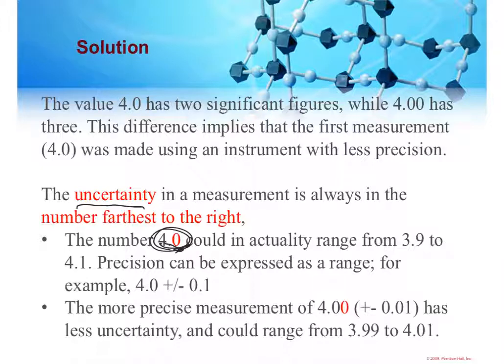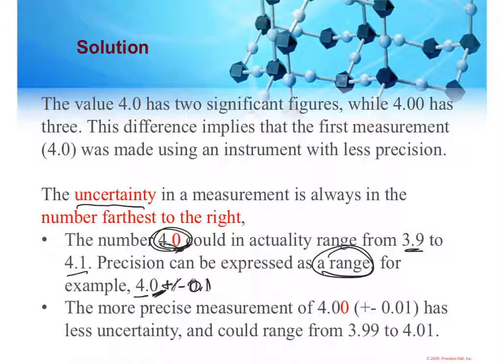So in actuality, the value could be 3.9, it could be 4.1, etc. So often precision is expressed as a range. I'm sure you've seen these, for example, 4 plus or minus 0.1. But again, that precision is in the digit to the far right of the number.